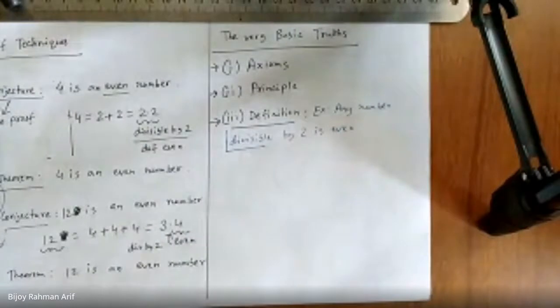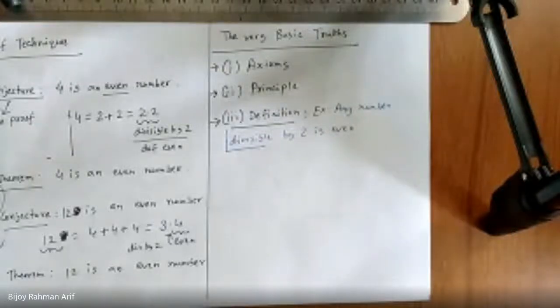Can you question about that one? I define even number this way. So what else you can question? Am I right or not? Right, sir. So this is the definition of even number. I define even number this way. Any number divisible by 2, that is the definition of even number. So you cannot question about it.